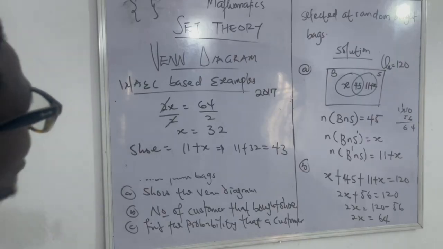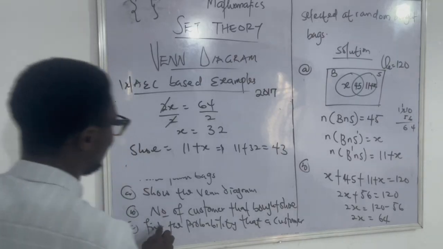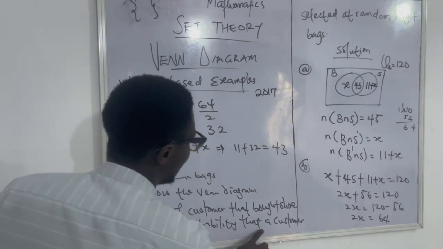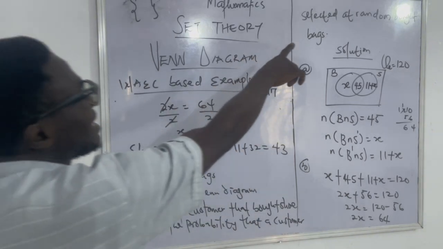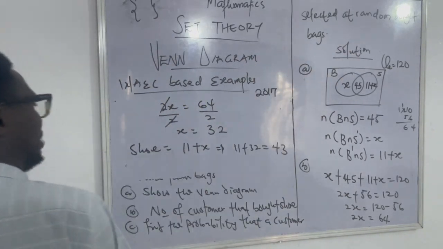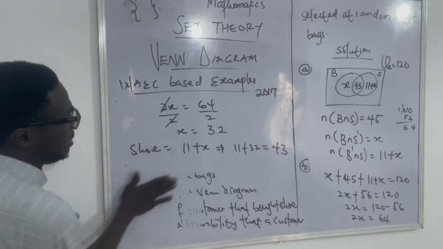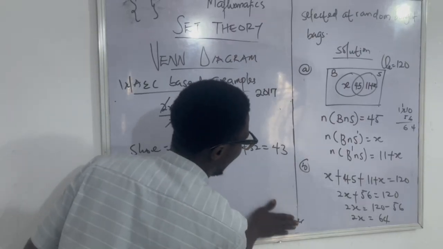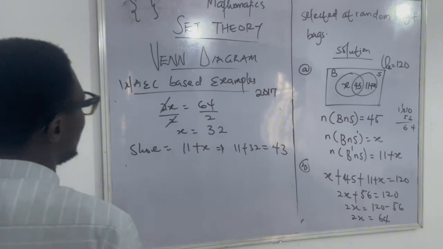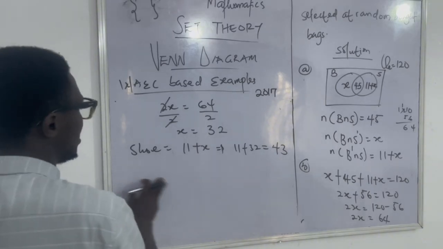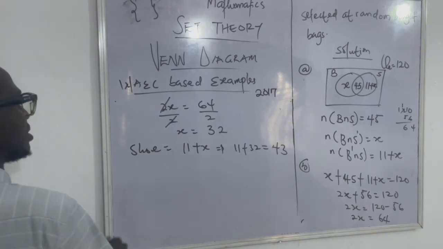Now, the question says find the probability that a customer selected at random bought bags. So probability is just what? Number of occurrence over total number of possible outcomes. Are we together?